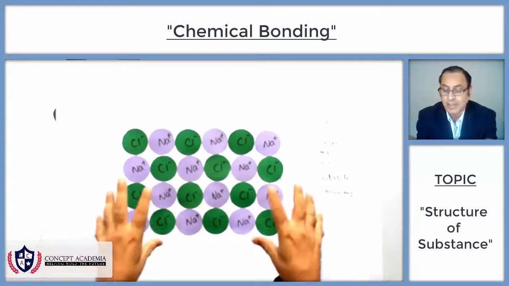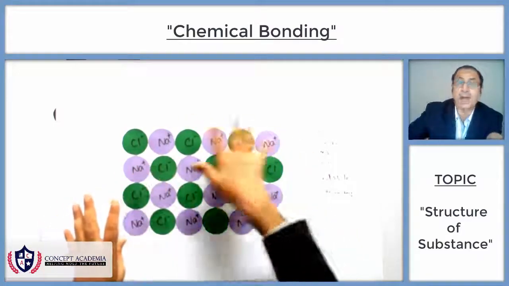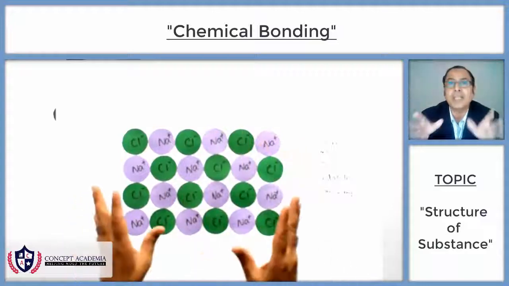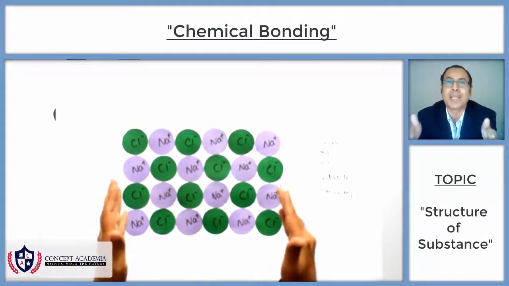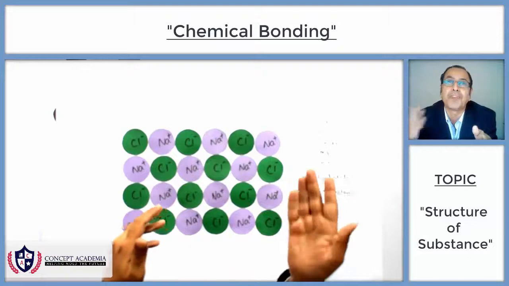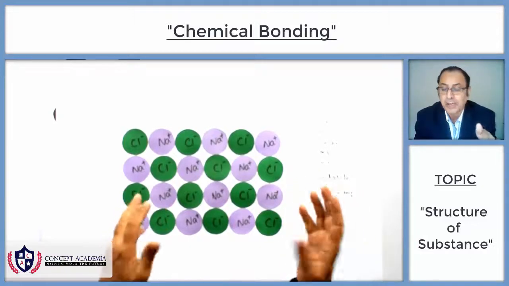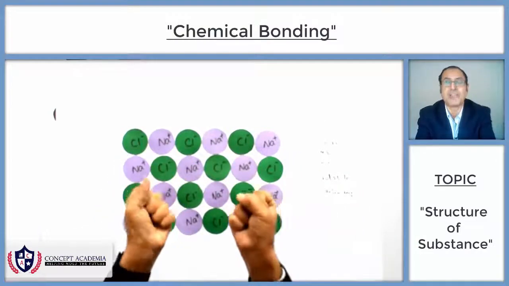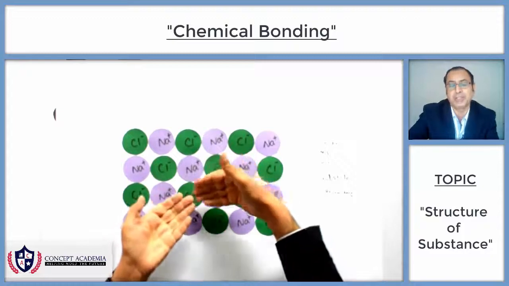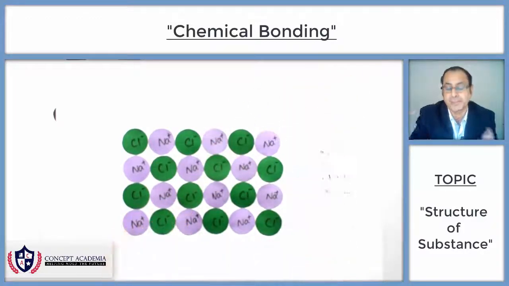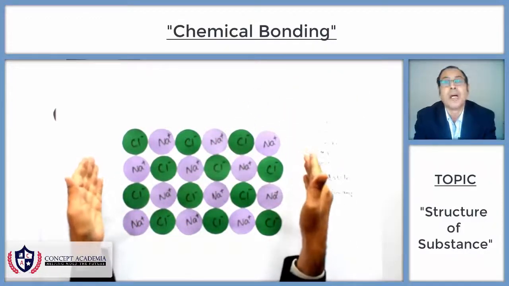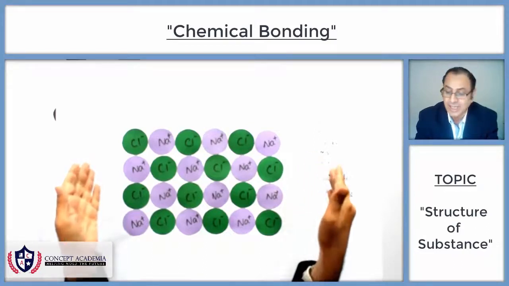Similarly, the ionic compounds are not volatile. Volatile substances are those substances which can be converted into vapors at room temperature. Because these forces of attraction are very strong, at room temperature these cannot be converted into vapors. So ionic compounds are not volatile.